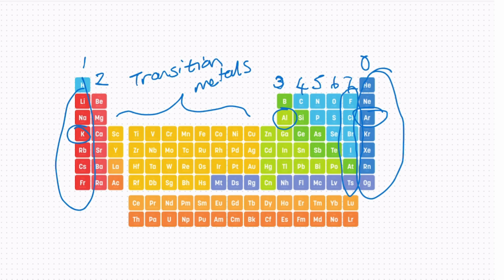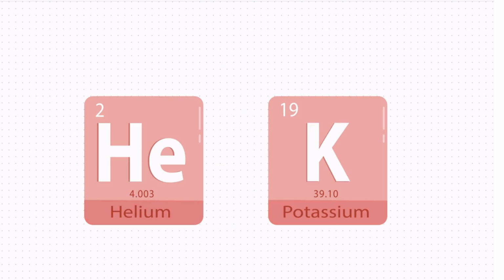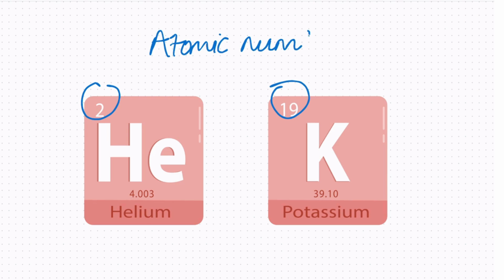Now, if we move on to the next slide, these are 2 of the elements we've just taken from the periodic table, and they've got some key information. So, this bit of information here is the atomic number, and this tells you about the number of electrons.